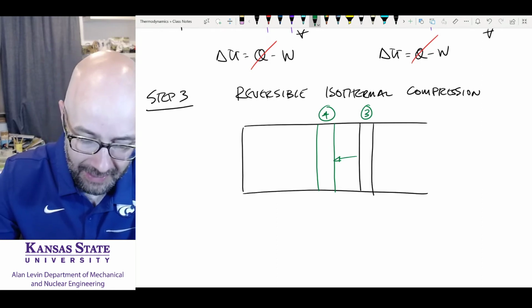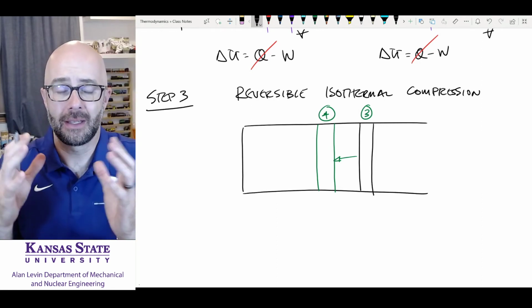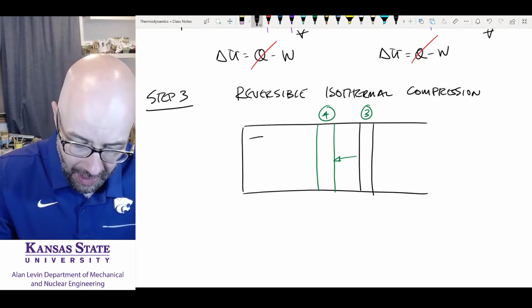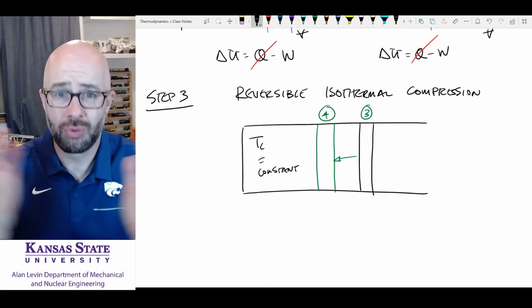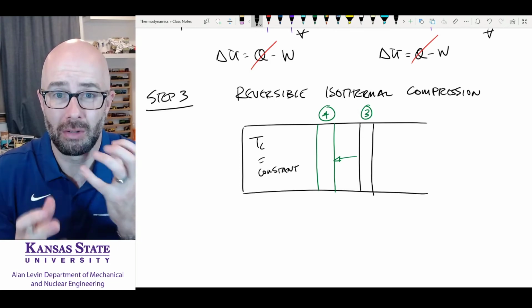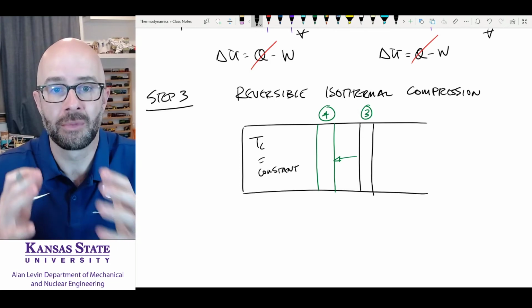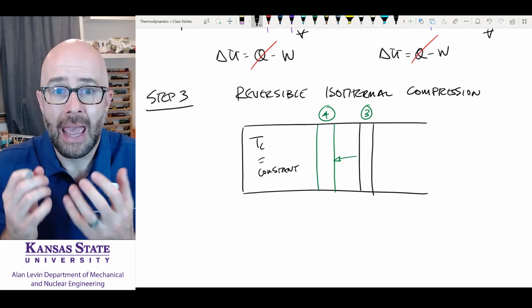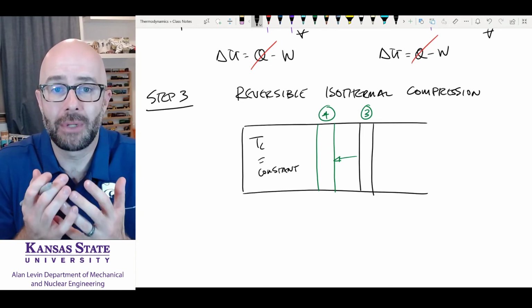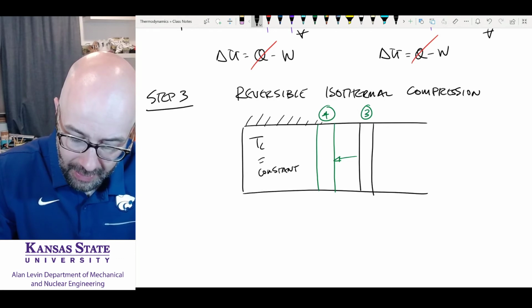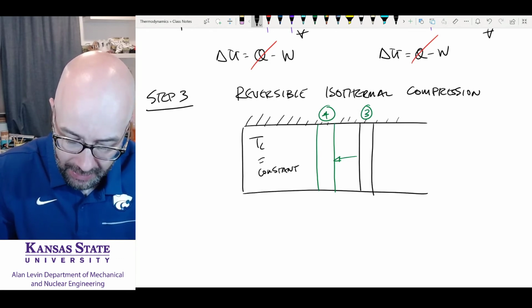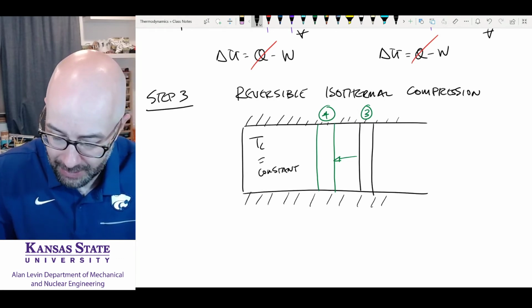Okay, and now those molecules, what's happening is the temperature was at Tc, and we want that to be equal to constant. Well, as we're compressing it, those molecules are getting more energetic. They start moving around some more, and they're going to be increasing in temperature. And what we want to do is not allow that to occur. We don't want that rise in temperature to occur.